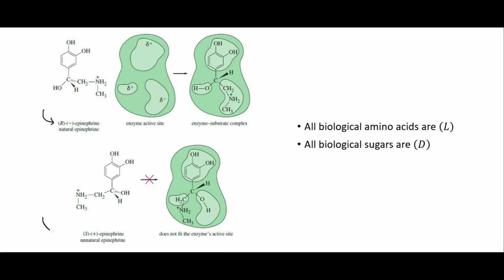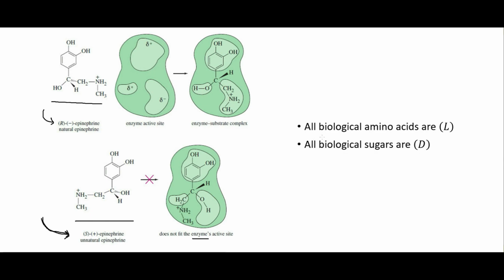Then there's this S epinephrine here, which is not biologically active. So this is an enzyme. You might also be able to think of this like a receptor. So like the epinephrine receptor is not going to be able to bind with this S epinephrine, this particular enantiomer here. It can only bind with this one.